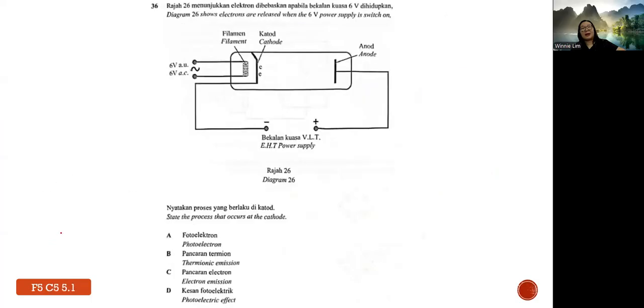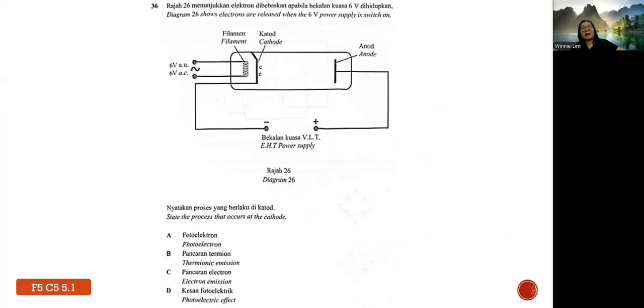So proceed to question 36. Diagram 26 shows electrons are released when the 6-volt power supply is switched on. What is the process that occurs at the cathode? This is under electronics, the topic for electrons. So you notice you have this filament.